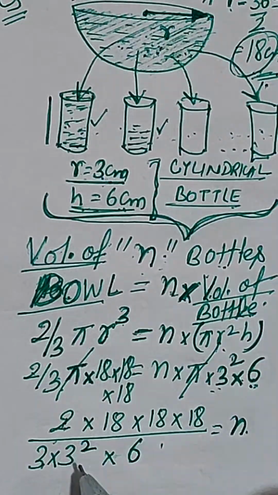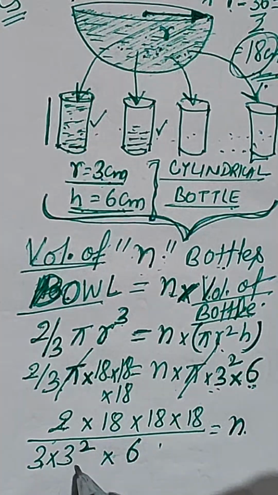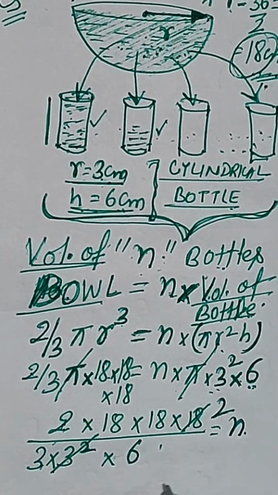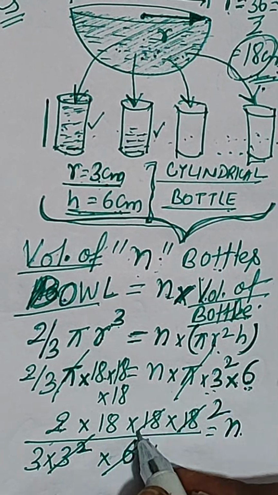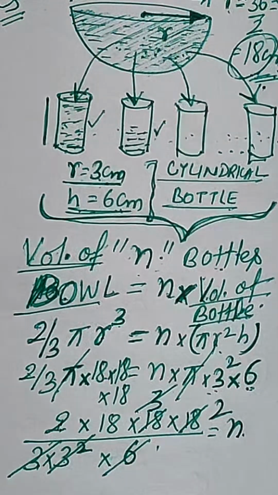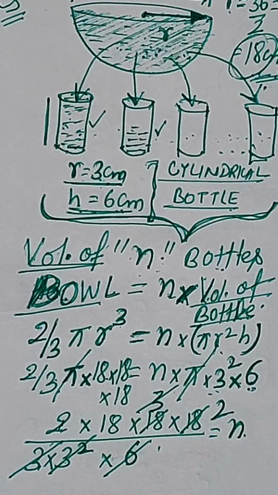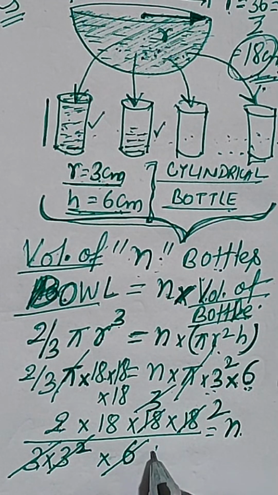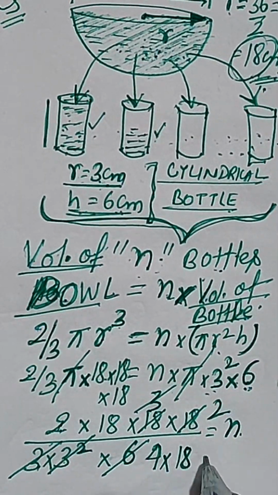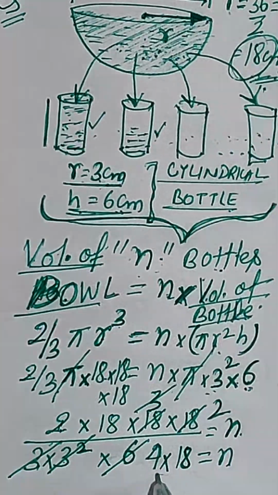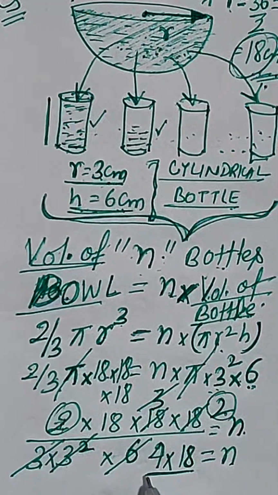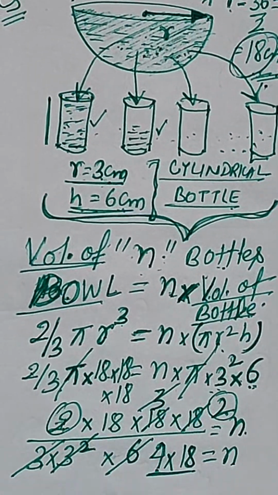Let me solve. 3 into 3 is 9. So 9 will divide this 18 in 2 times, and 6 will divide this 18 in 3 times, and this 3 and 3 will be cancelled, and this will give you the value of n as 4 into 18. 2 into 2, this 2 will become 4, and this 18.